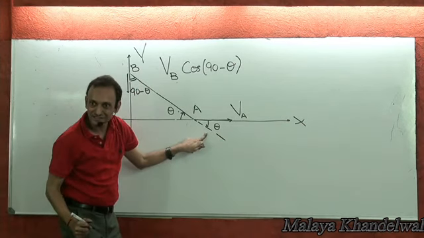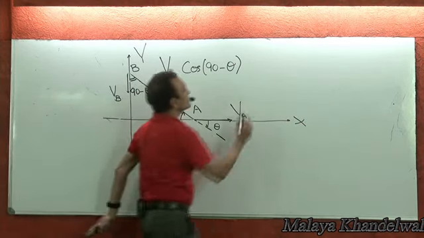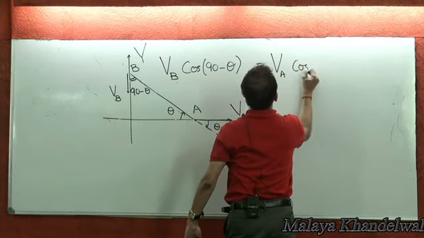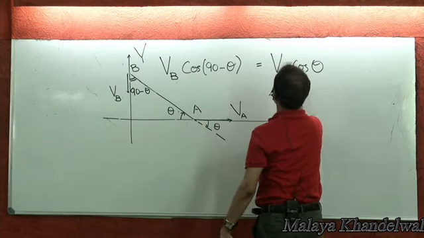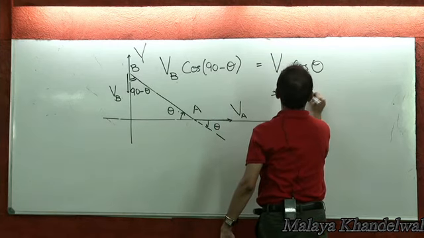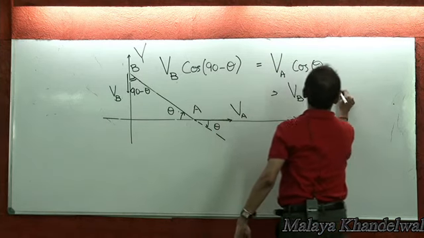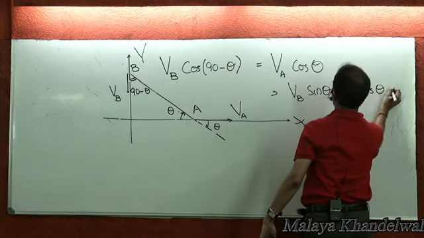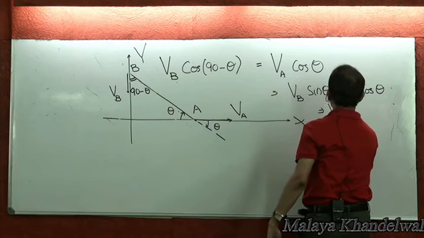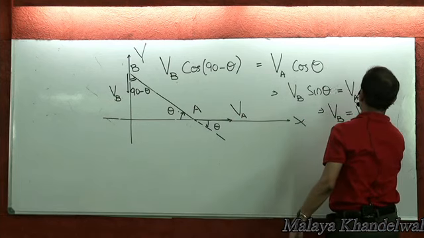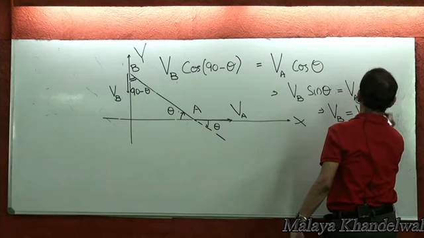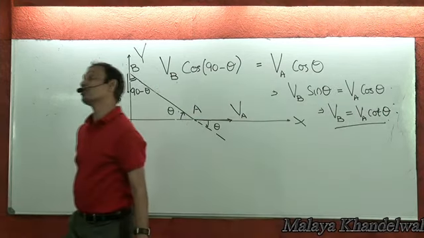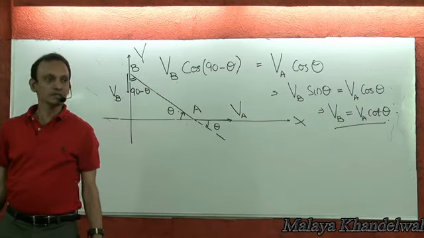VA cos theta. That gives me VB sin theta equal to VA cos theta, or VB equal to VA cot theta. That's an illustration of a rigid body constraint.